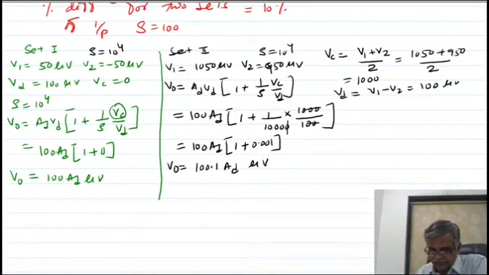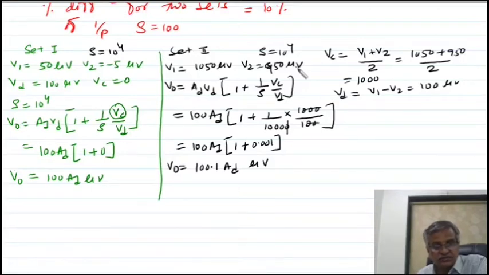Look here. This VO is 100 AD microvolt for this set of the input voltage. VO is 100.1 AD microvolt for this set of the input voltage. So the first part is over.